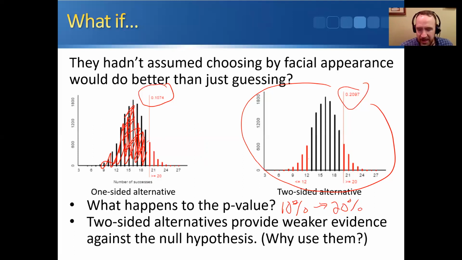And that kind of is a backfire. So if you embed this assumption in and then your assumption was wrong, in some sense, it kind of ruins the whole study. So you have to be very careful when you do a one-sided test. We tend to encourage two-sided tests unless you have very good reason to use a one-sided. But it does give us weaker evidence. The p-values will be twice as high.